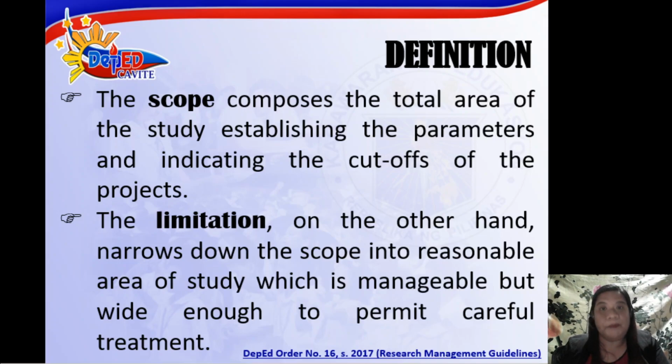It is already beyond the researcher's control. They place restrictions on the methodology and conclusion of your study. By the way, any limitation that influences or affects the results of your study should be clearly stated or mentioned under the scope and limitation.